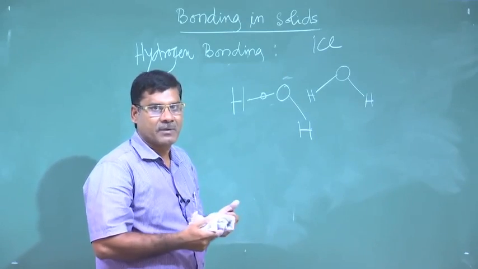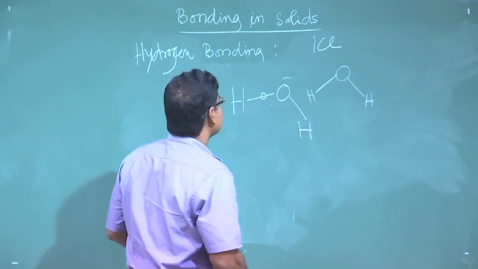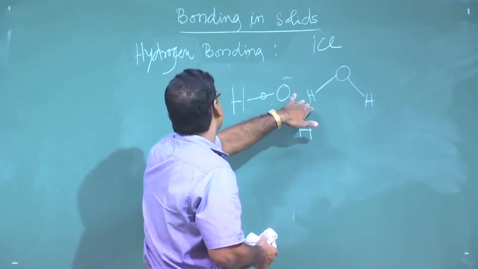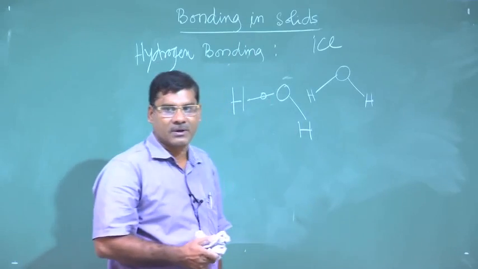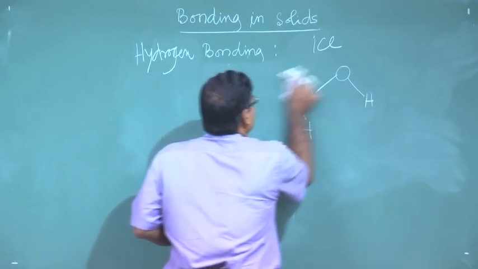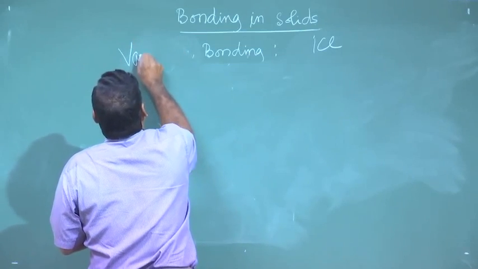This type of bonding, holding, happens through the hydrogen, and this type of bonding is called hydrogen bonding. And the last one is van der Waals bonding.